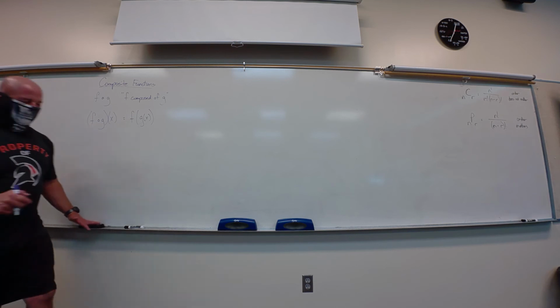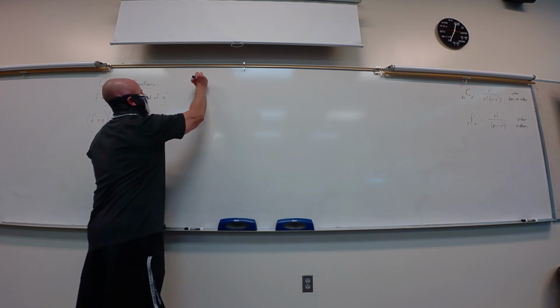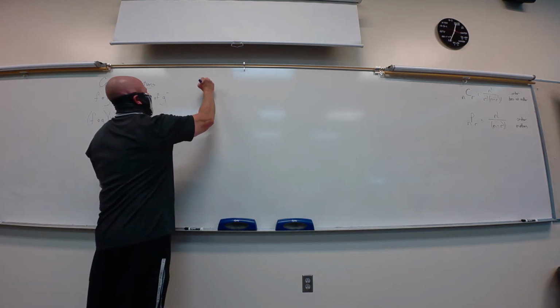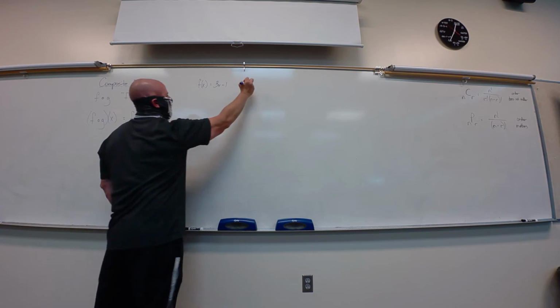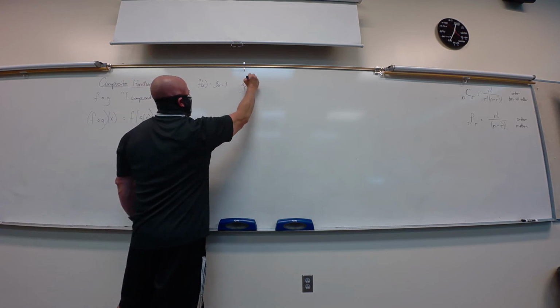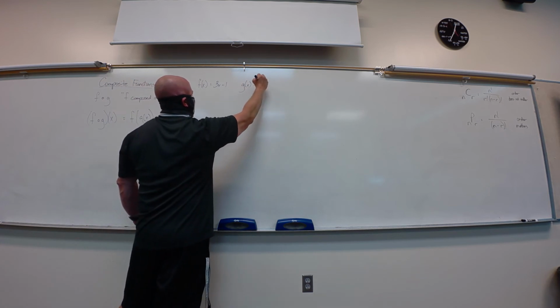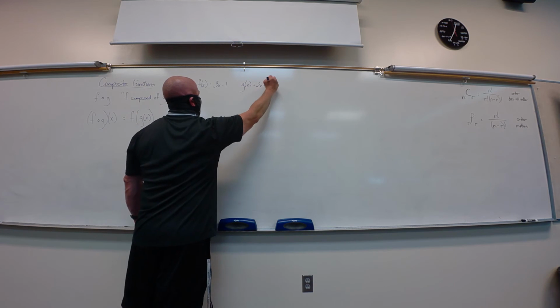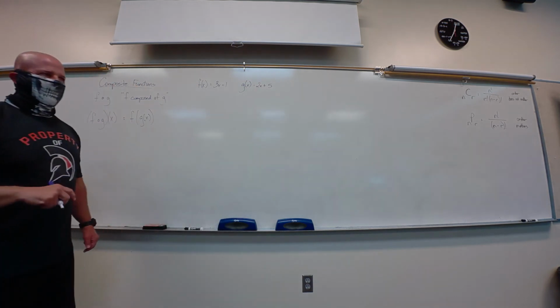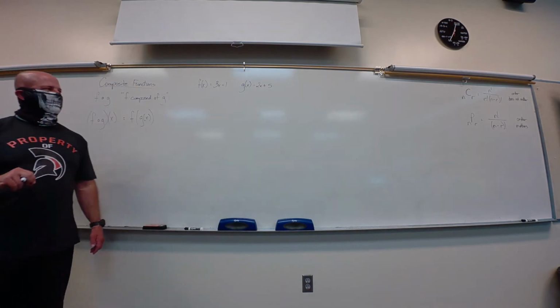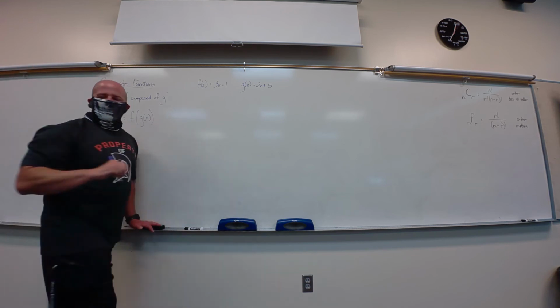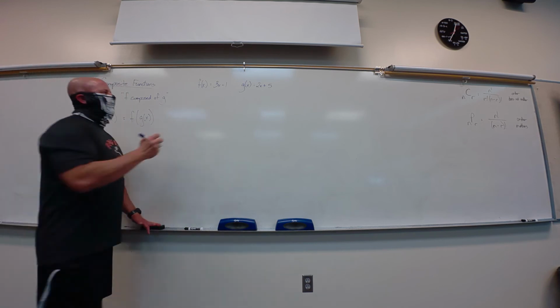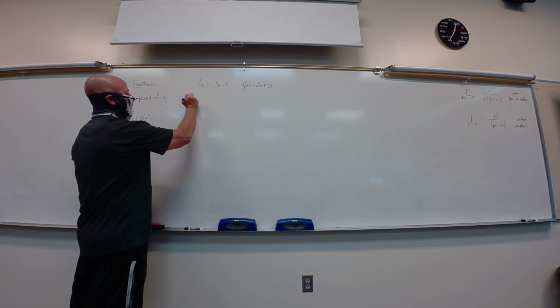All right, so let's get a couple different functions up here. Let's say f of x equals 3x minus 1, and g of x equals 2x plus 5. Just make a couple up there. Now we'll look at a few different types of notations. First, we'll start with some numbers.